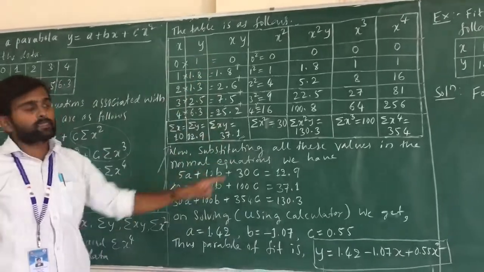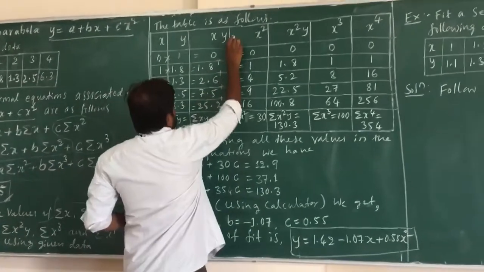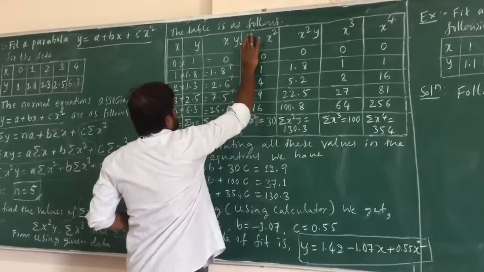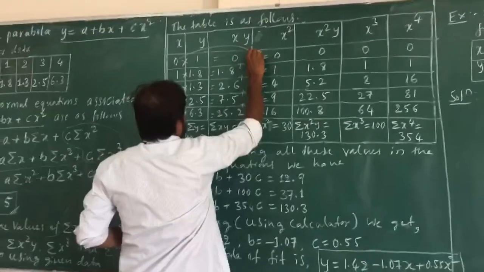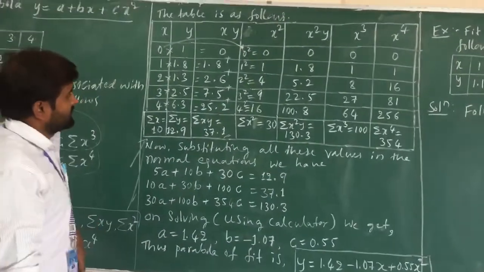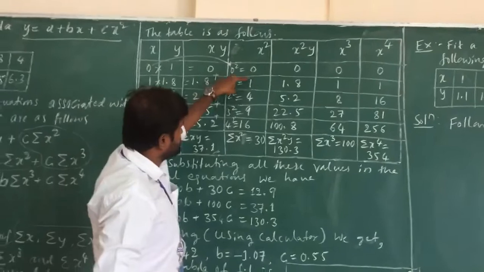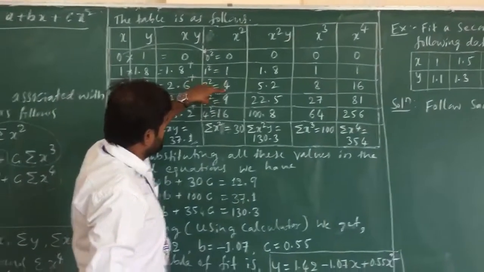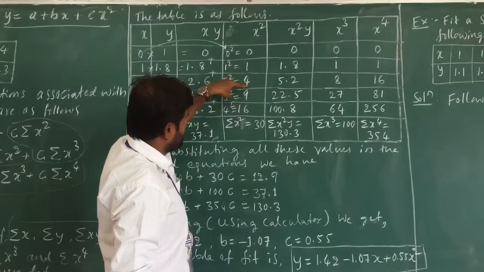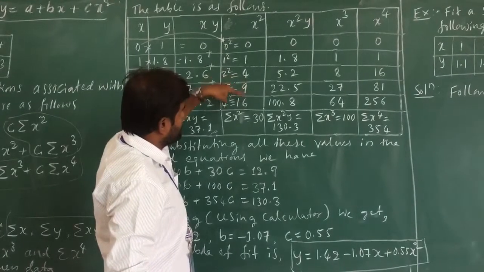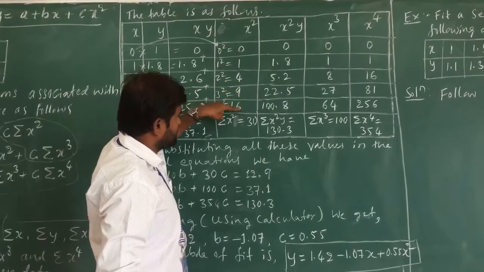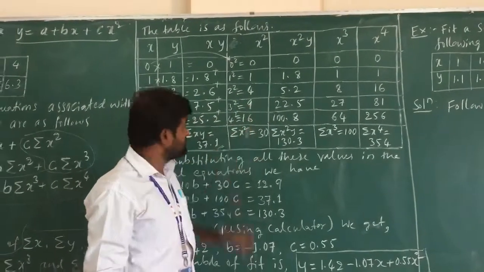Like this. Right? That's x square. Then the sum of these: 0 plus 1 is 1, plus 4 is 5, plus 9 is 14, then 14 plus 16 is 30. Sum of x square is 30.